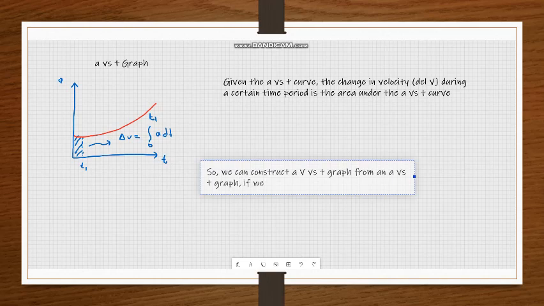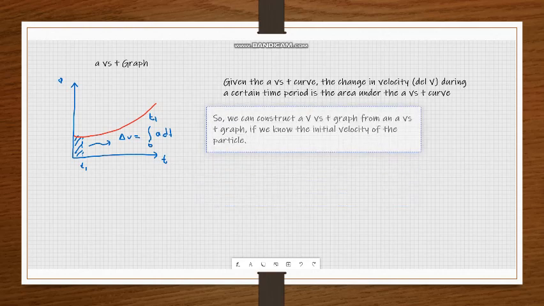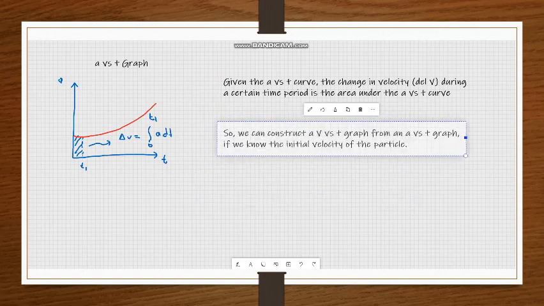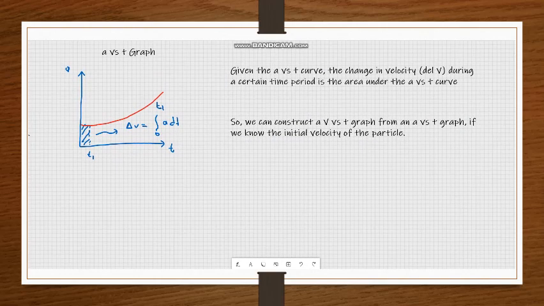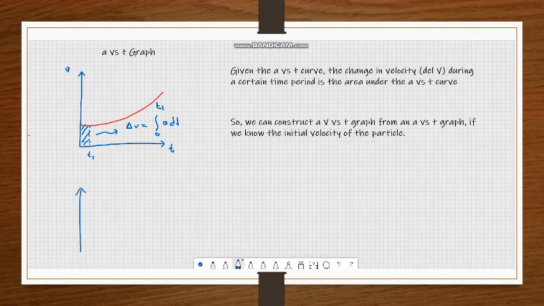If we know the initial velocity of the particle. The only condition is that we need to know the initial velocity, then after that we can construct the velocity versus time graph, because this a and t graph is only giving us the change of velocity.